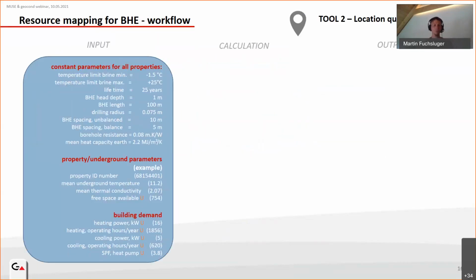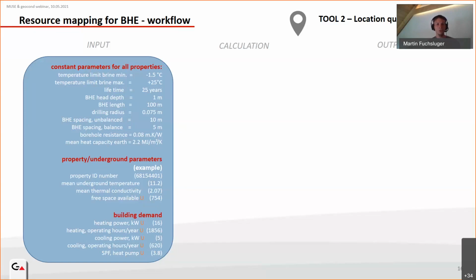Now I'll show you the inputs we need for the calculation for the location query in detail. So it looks a little bit more complex. We need, as Cornelia already said, fixed, constant parameters. We take limits for the brine, minimum and maximum, from minus 1.5 to 25 degrees, a lifetime or operation time of 25 years, and borehole length in general 100 meters.